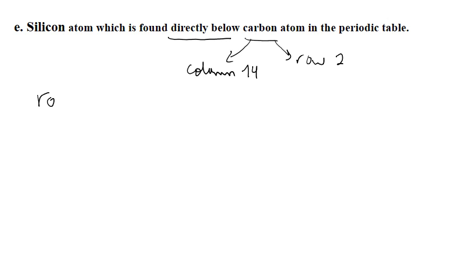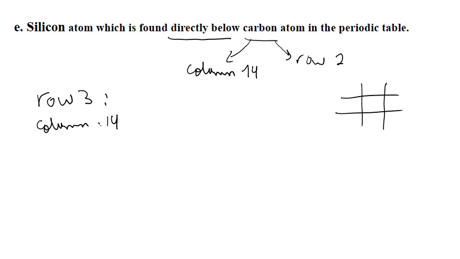Good, because it's below it, right? It will remain in the same column, but it has a different row now. You remember we used this technique last time. If this is carbon, it's in row 2, column 14, and we said silicon is directly below it, so silicon will be in row 3 and the same column, which is 14.